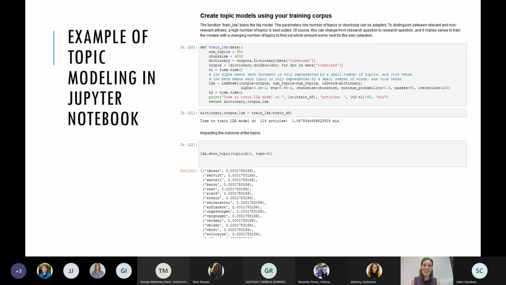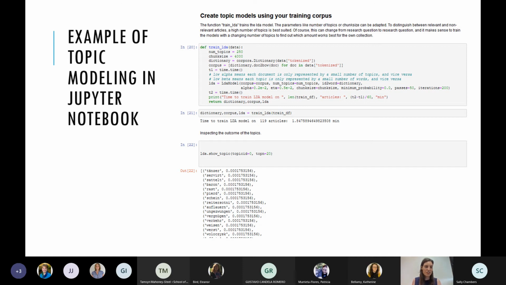I'm just giving one example. This is a little example of a Jupyter notebook showing the function for topic modeling. So you can see there's some explanation, and then you can have the code. And it's actually quite easy to use with the Gensim library, which gives you all the parameters and the functions. And once you have imported your corpora, it's quite straightforward and easy to work with.